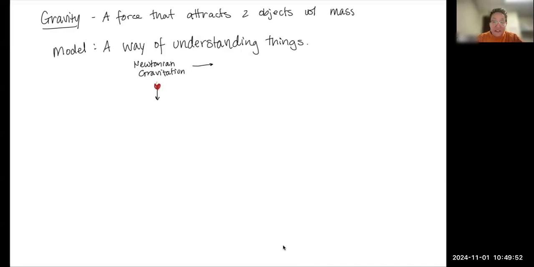However, humans are not the only things that we're concerned about. We want to think about other issues. And so sometime in January or February, we'll need to talk about what's called universal gravitation. And this is the gravity that we see between two planets, for instance, or a planet and an asteroid, or a planet and its moon.